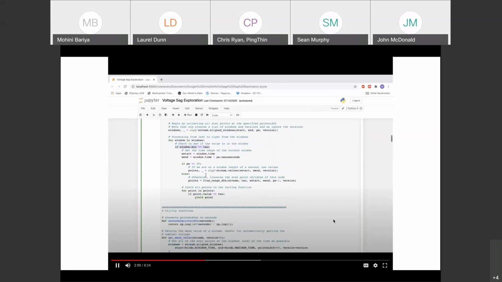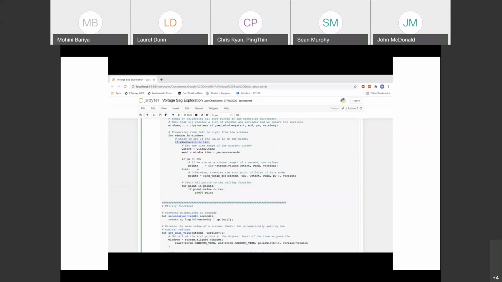And you can see here that when I find those points, if I'm at a low resolution, I now go down in the tree, so I'm going into higher resolutions of data to find the voltage sags themselves. If I'm already down at a very high resolution near the raw data, then I just return the points themselves. These points are pairs of timestamps and values.